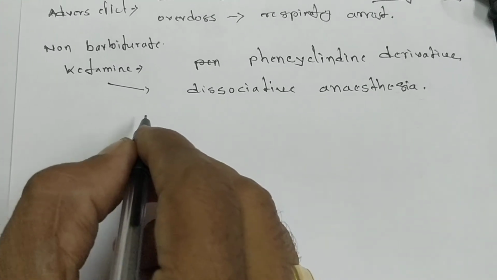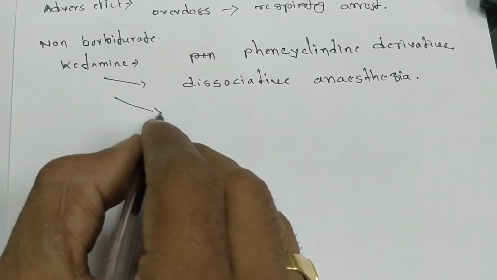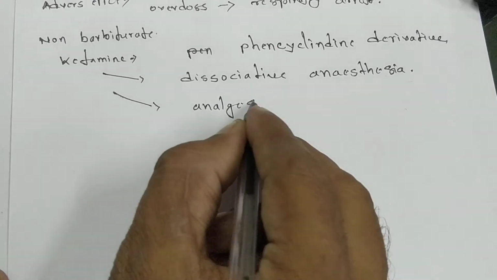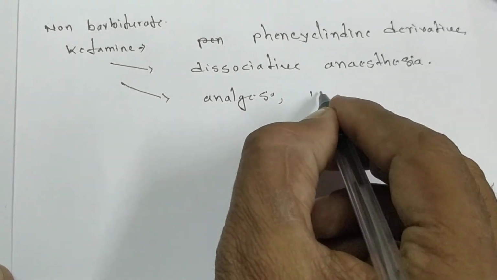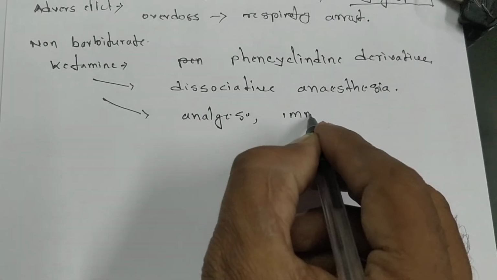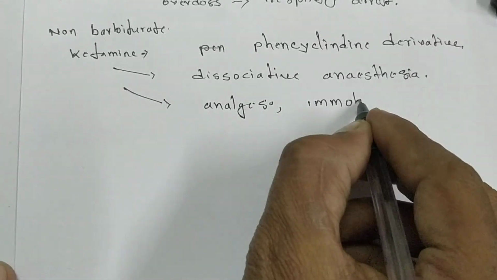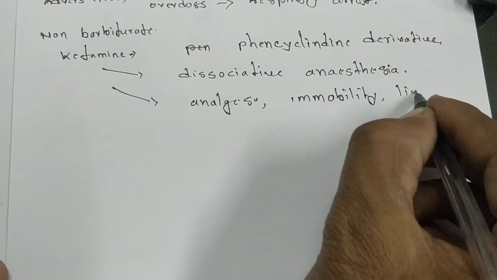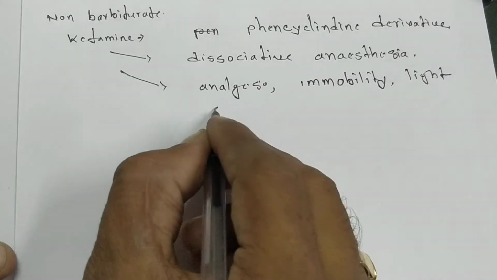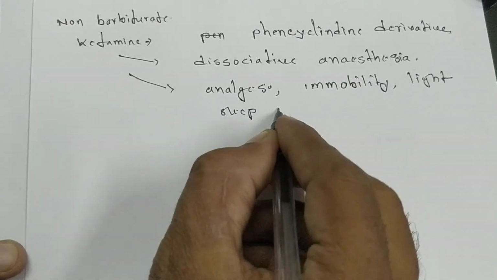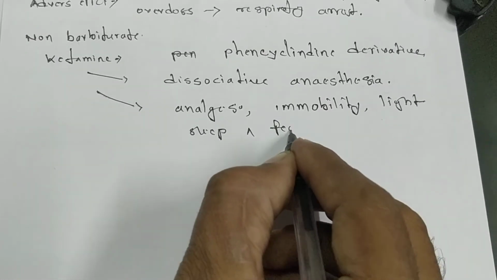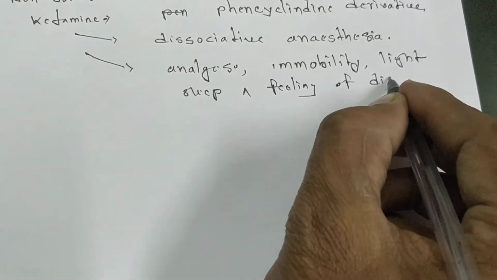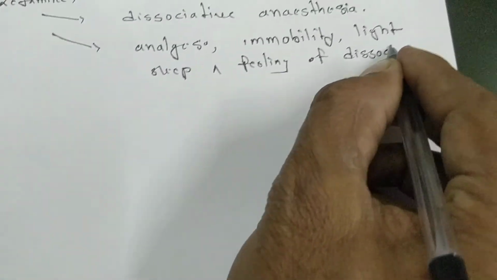Ketamine produces profound analgesia, immobility, light sleep and a feeling of dissociation.